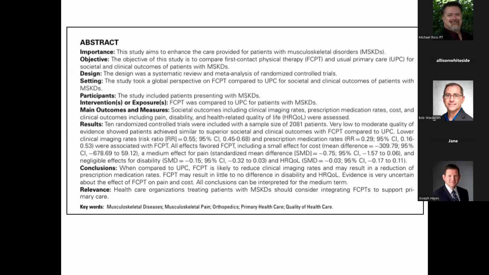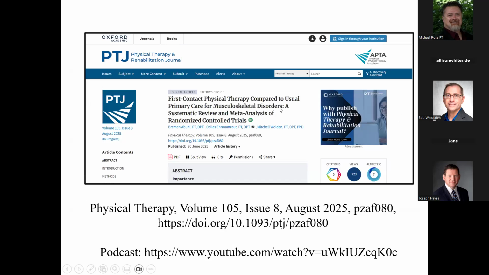That's how they're trained. We don't rely on imaging. We don't rely on meds. And we don't think that way. So these tendencies are 100% legit.